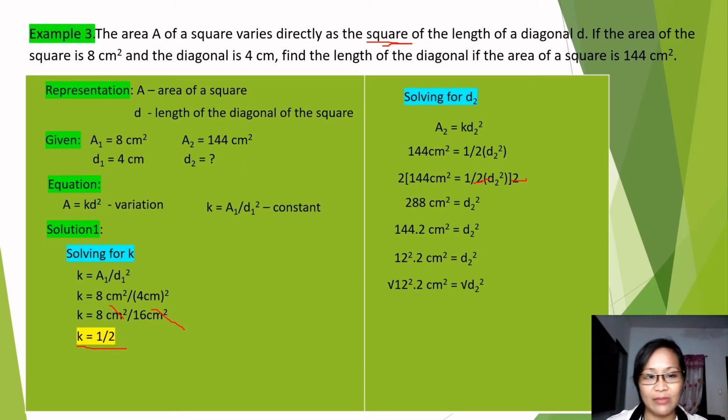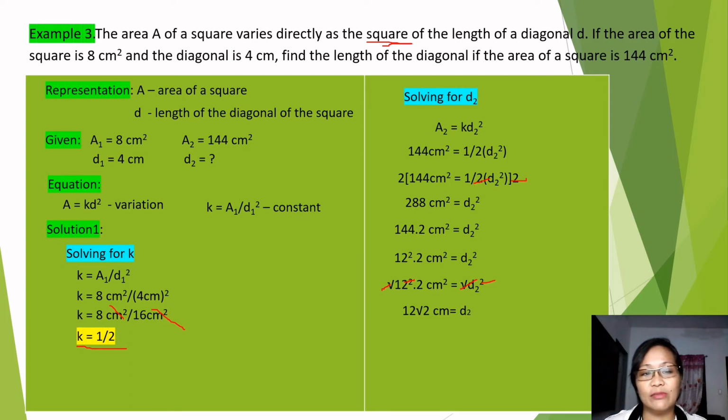So we have now square root of 12 squared times 2 centimeters squared is equal to square root of d sub 2 squared. Then we're going to bring out all the perfect squares. So we have this one and this one. Therefore, we have d sub 2 is equal to 12 square root of 2.